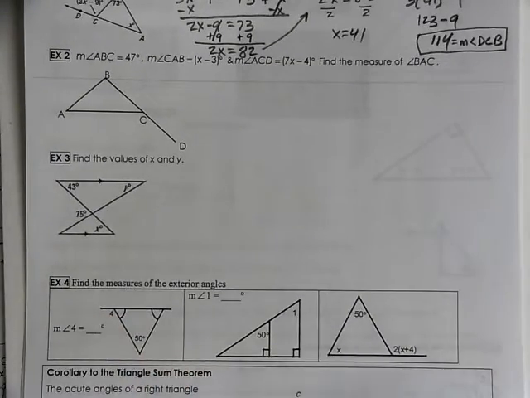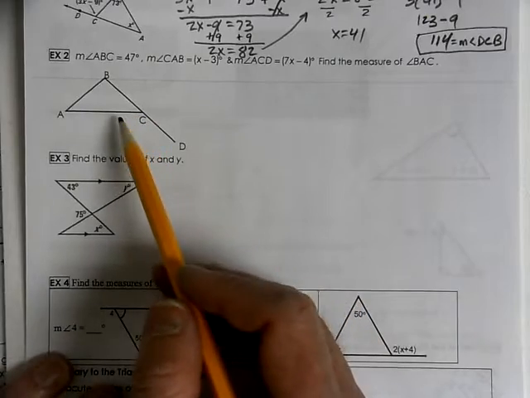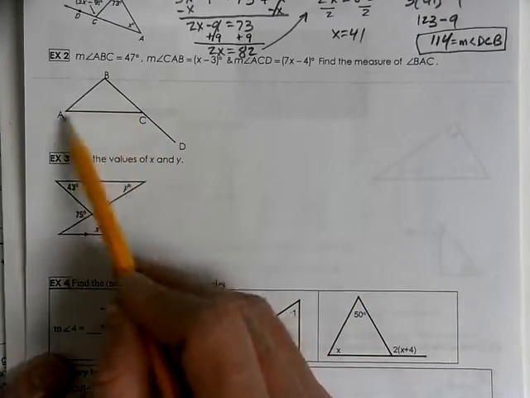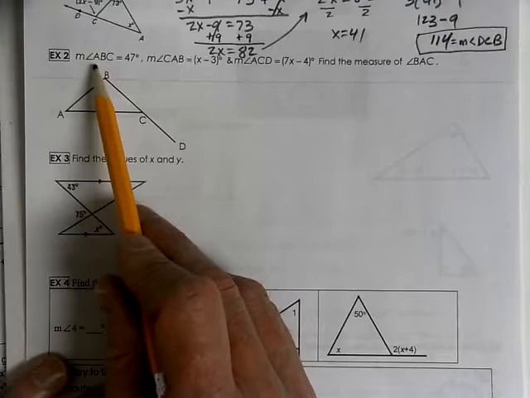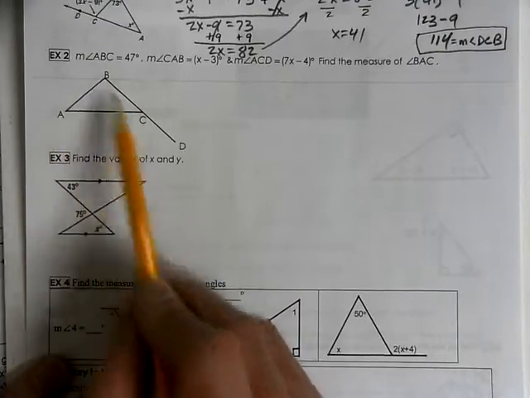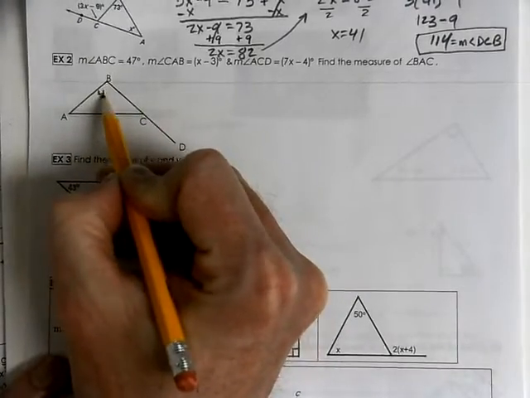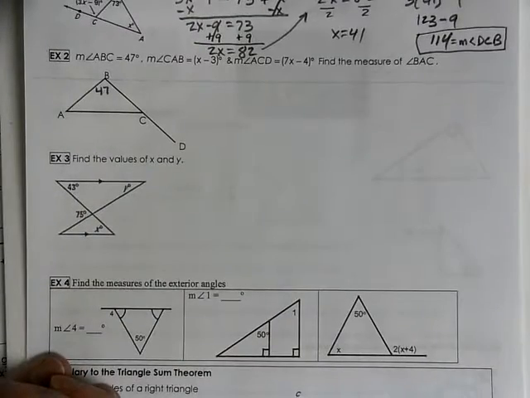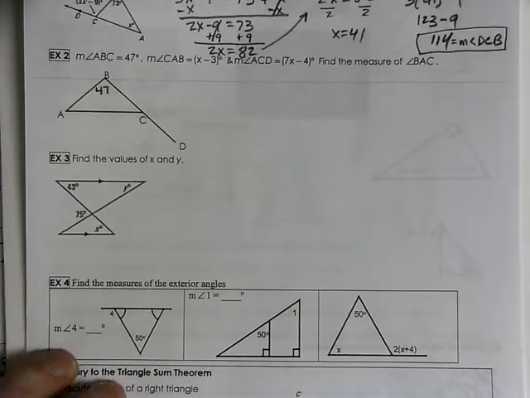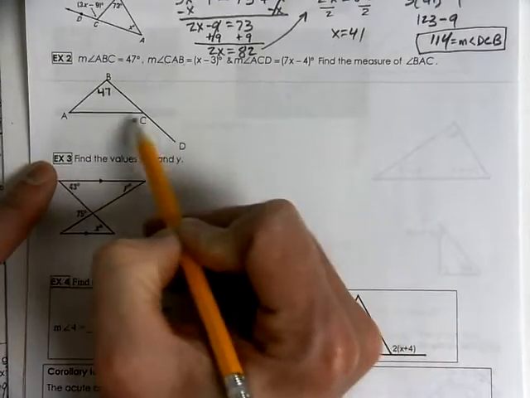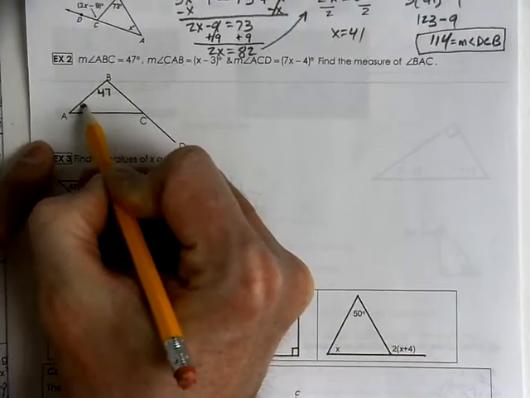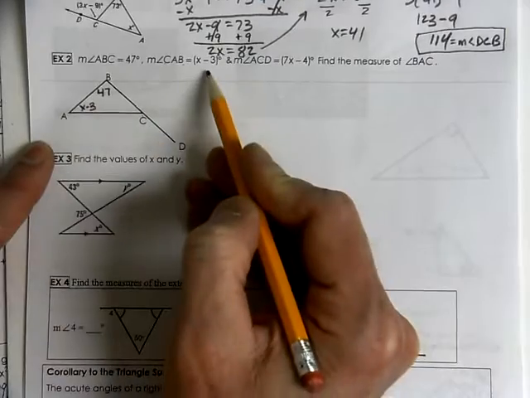This next equation, we have to draw our own picture and label it in. So angle ABC, that is 47. Angle CAB equals x minus 3.